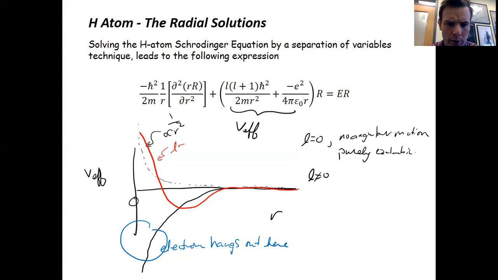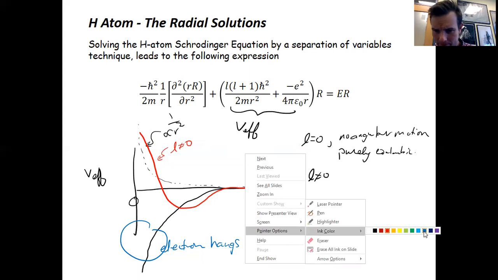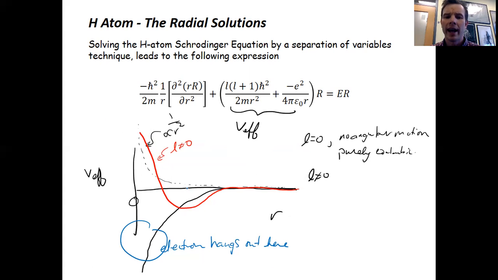So this is a scenario in which L is not equal to 0. And what you can see in this solution is that the electron hangs out here, away from the nucleus. And specifically, because this effective potential is going to infinity, you see that the electron is never at the nucleus. So I might infer these two different kinds of solutions that exist to the radial expression.